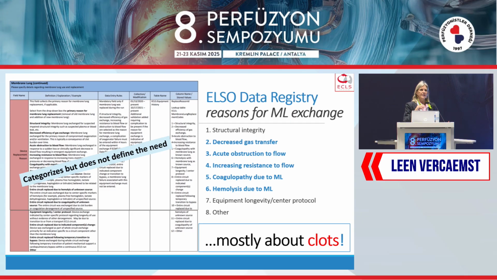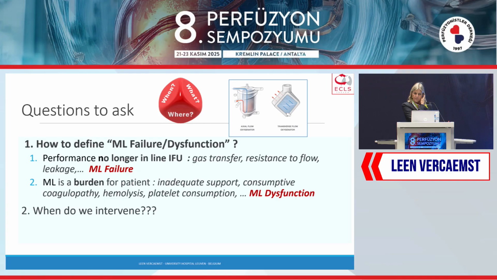If you look at the reasons for need to change out, you see this list. There are 8 reasons defined by the ELSO registry why you would have a need to change out your membrane, such as decreased gas transfer, acute obstruction, coagulopathy, and it's mostly about clots. So this is already important information. How should we define membrane lung failure and dysfunction?